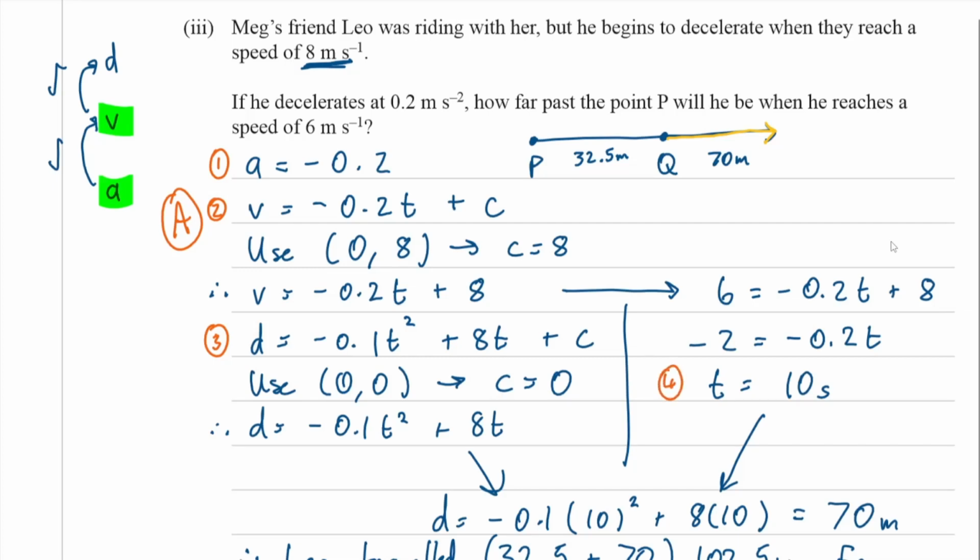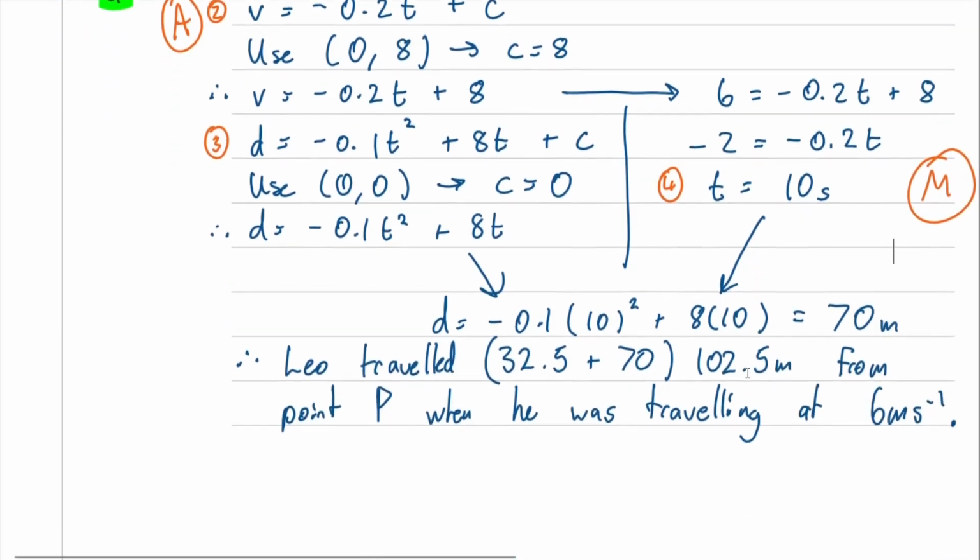So if you did 3 and 4, that would be merit. Then finally, putting those facts together, we found out the distance Leo traveled in the second section, from point Q, was 70 meters. Therefore, the combined distance, our conclusion, was he traveled a total of 102.5 meters.